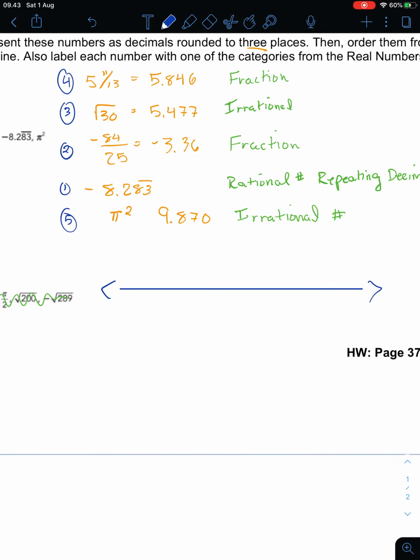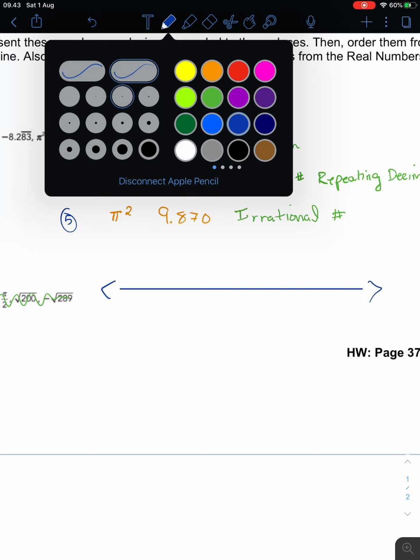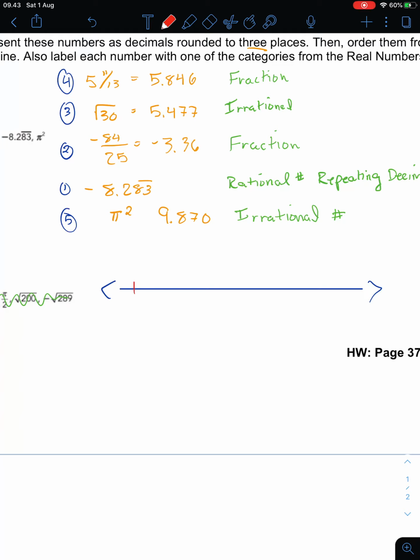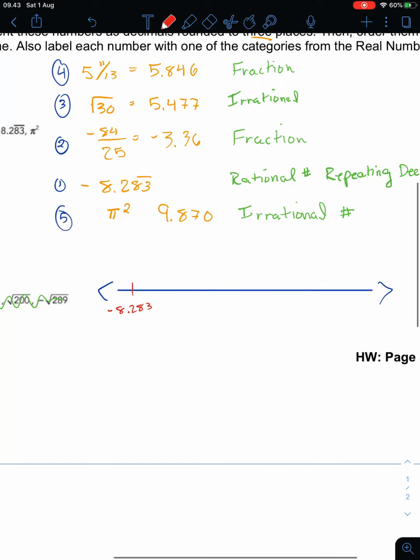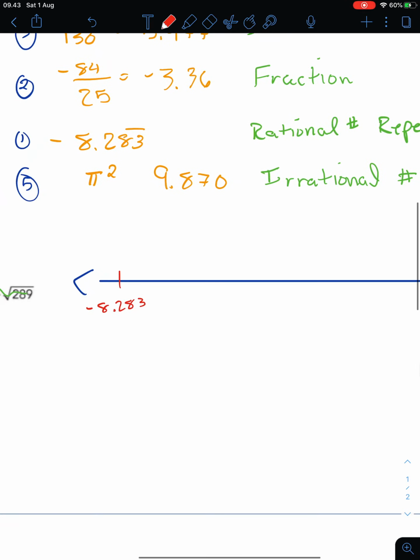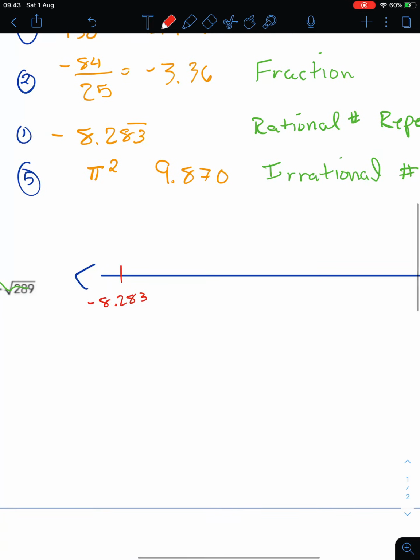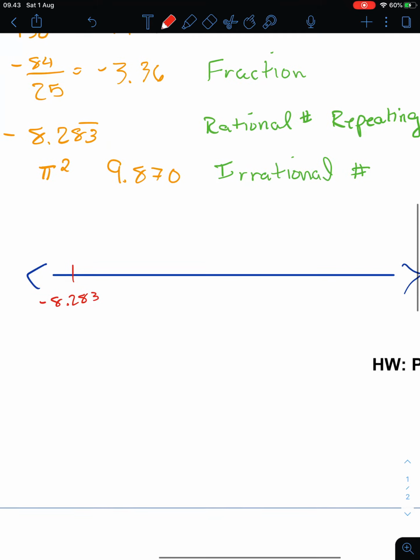All right, and I'm gonna use their original form, not their decimal form, when I put them on the number line. So lowest was negative 8.283. That's how it was written to me. And then number 2 is negative 84 over 25. And that's at negative 3.36.